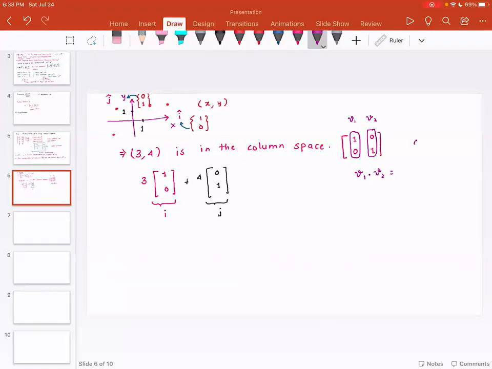If you think about the dot product, a dot b is equal to a b cosine of theta, which is written as v1 transpose multiplied by v2.